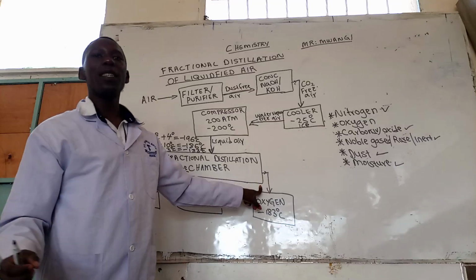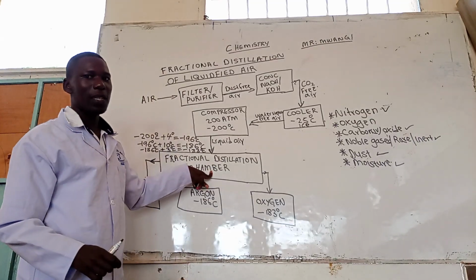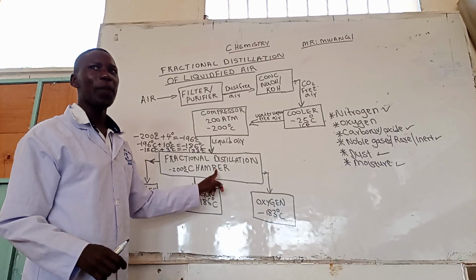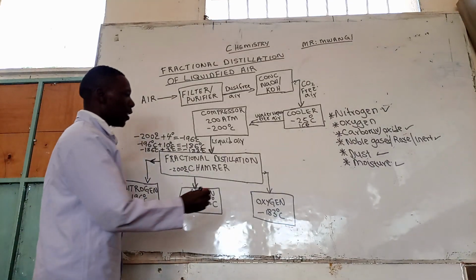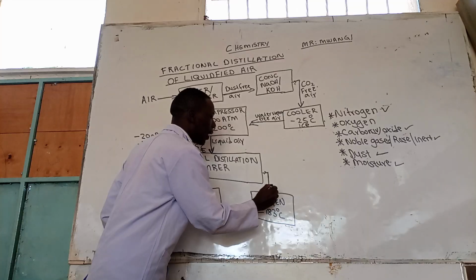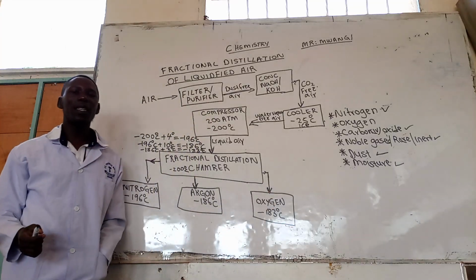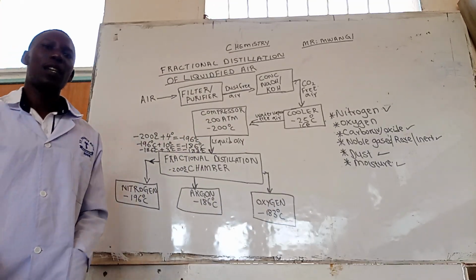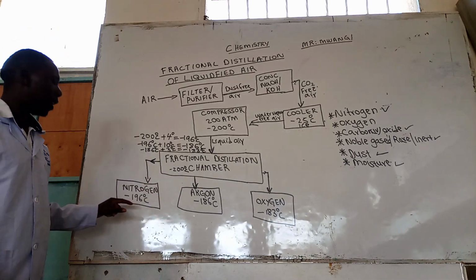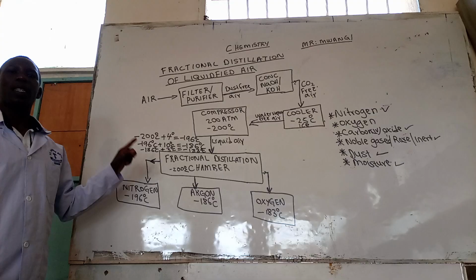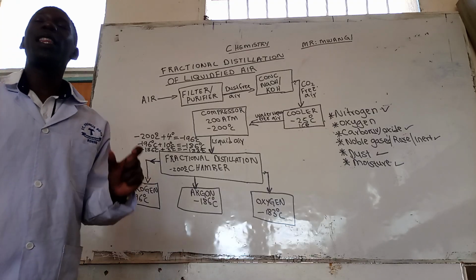Therefore, it changes from liquid to gas. Therefore, oxygen can also be taken out. It can easily be tapped out. So, these gases are separated so that they can be taken to their various stations where they are needed.